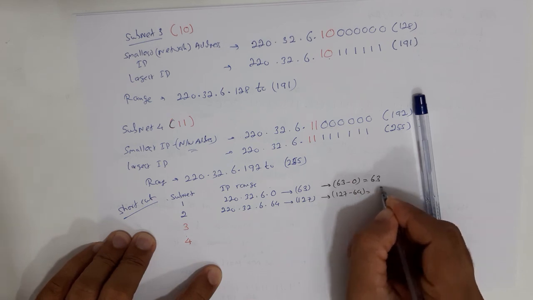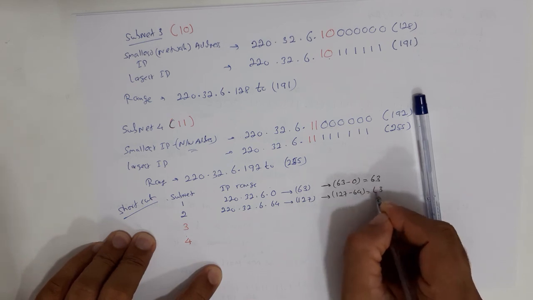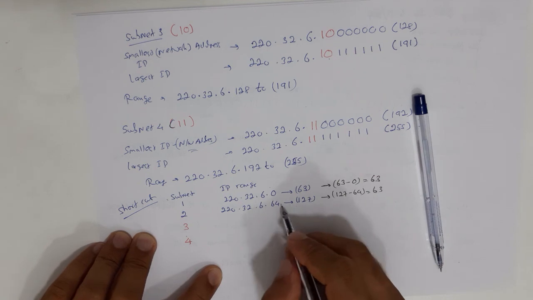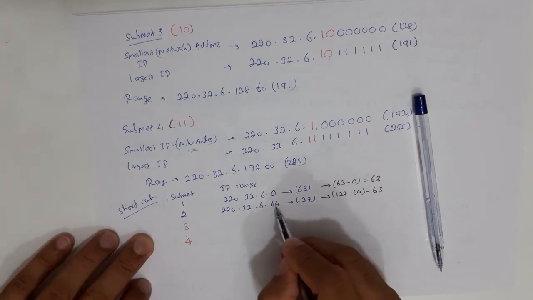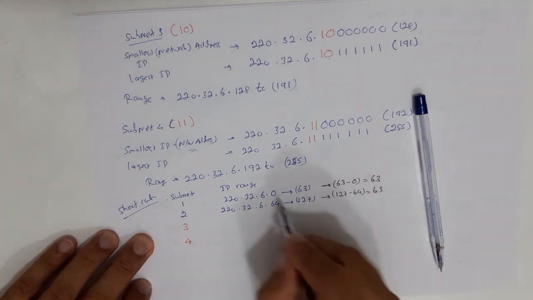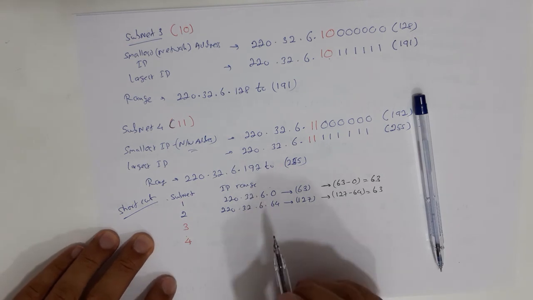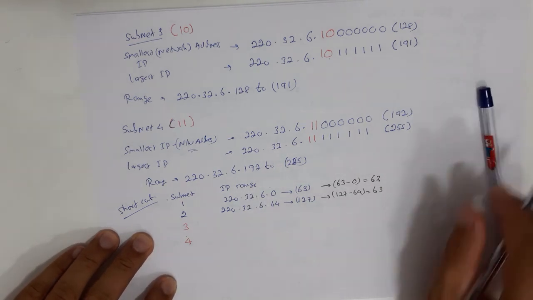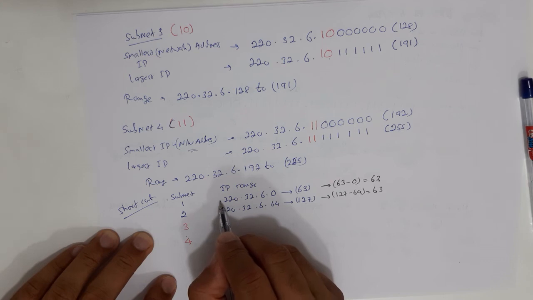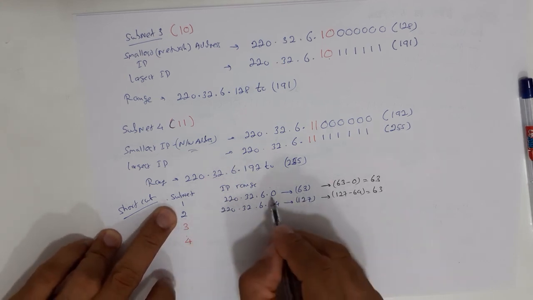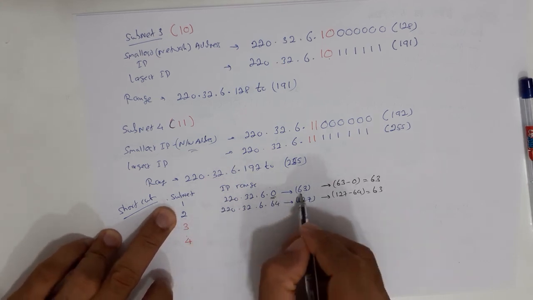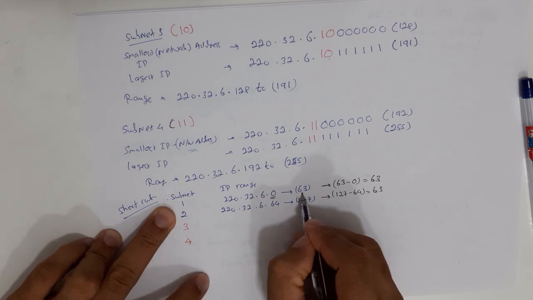If I do the subtraction, this gives you 3, this gives you 6. That means the difference between the last and the first IP is 63 in all the subnetworks according to this configuration. Then what we have to do is start the first subnetwork from 0 and add 63 to it. Then we get the last IP.